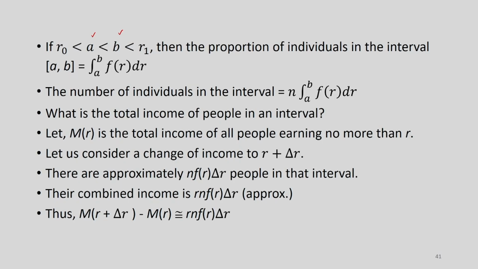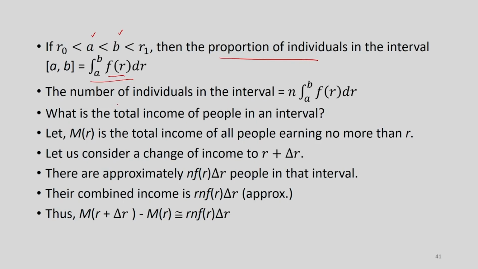Then the proportion of individuals in this range will be, this is very easy, the definite integral from A to B of fr dr, right? fr is the income density function, and this was obtained by differentiating the distribution function. So if I take the definite integral from A to B of the density function, then I get the proportion of individuals who earn between these two income levels A and B.